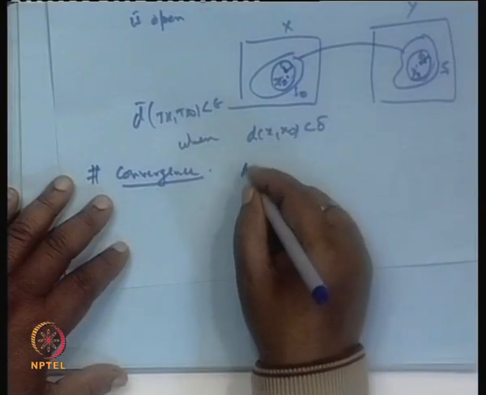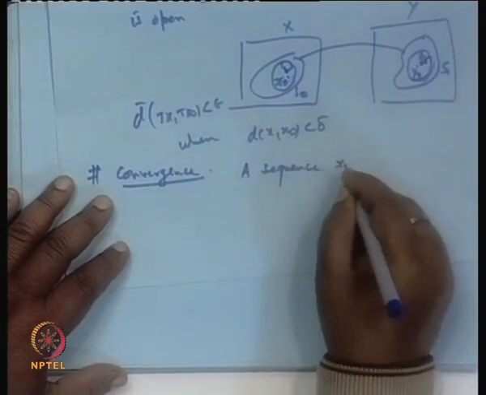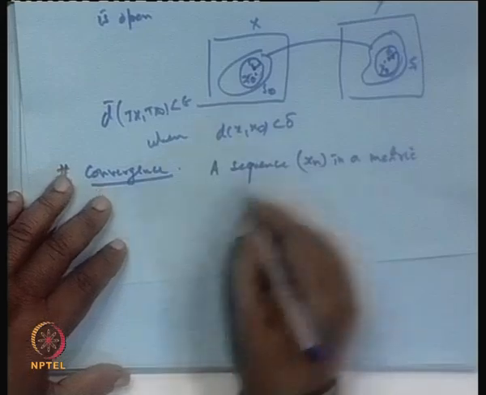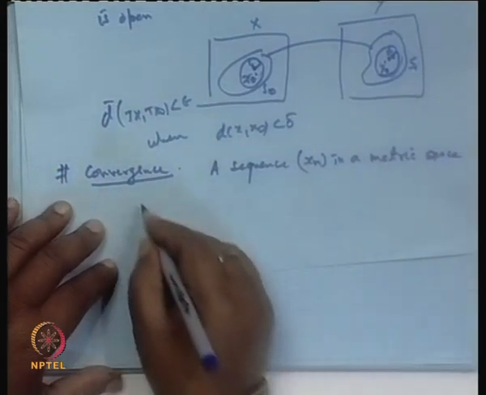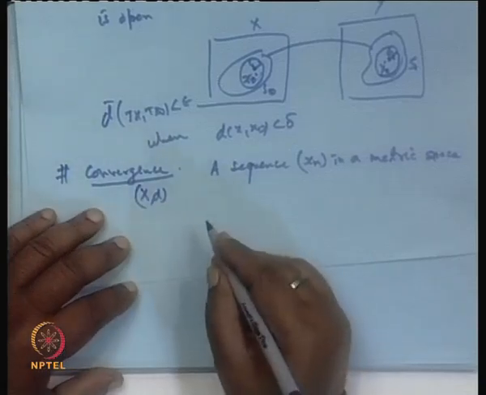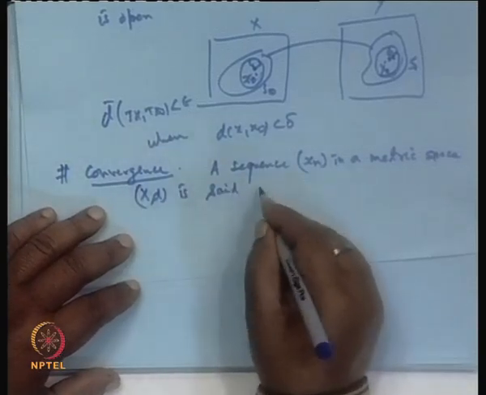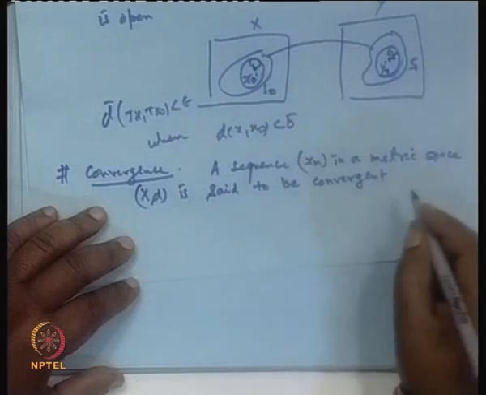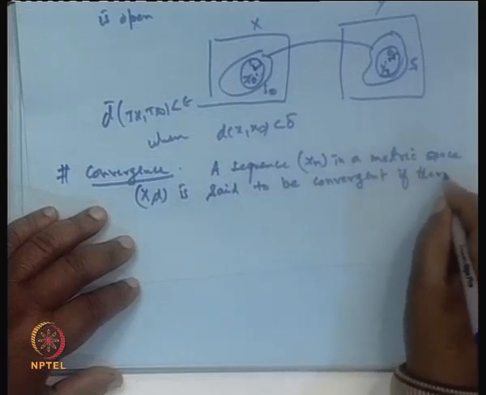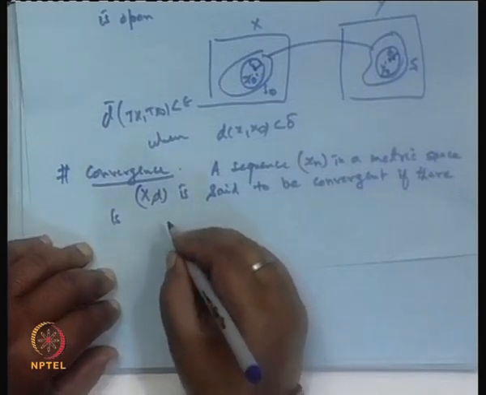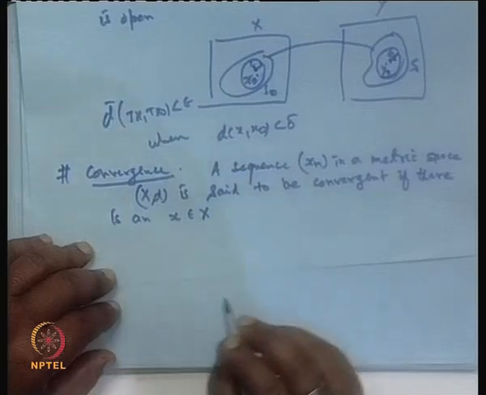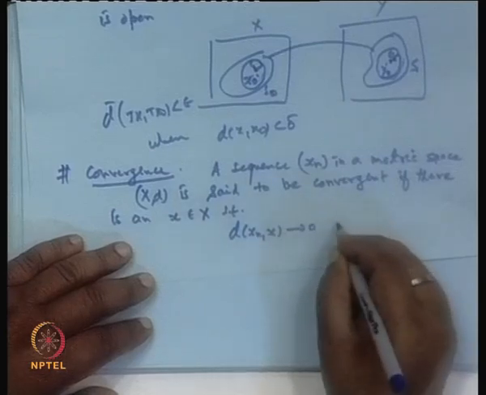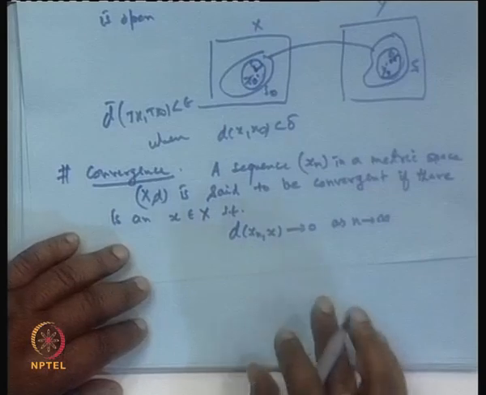We say a sequence x n in a metric space (X, d) is said to be convergent if there is a point x belonging to capital X, such that the distance between x n and x tends to 0 as n tends to infinity.